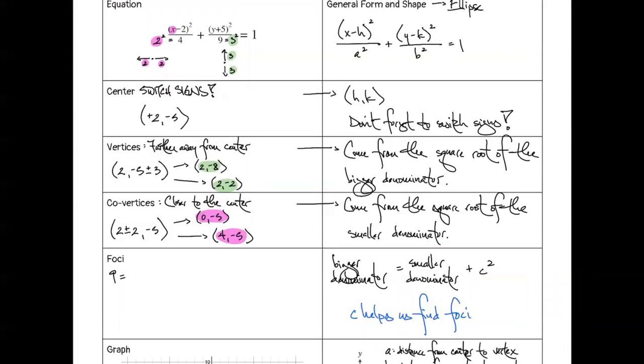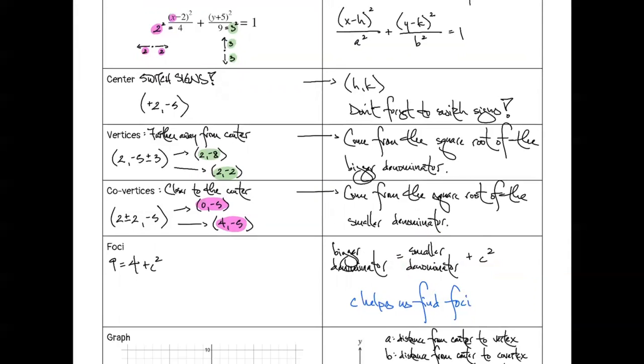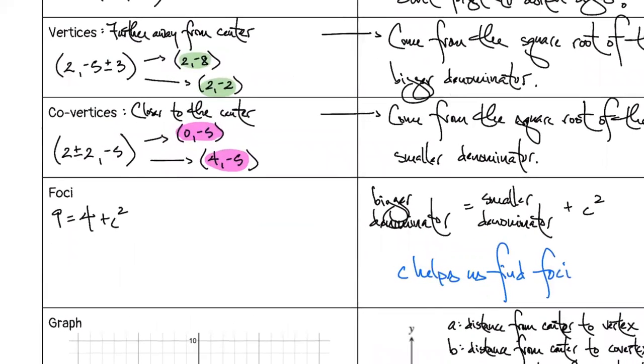So 9 equals 4 plus C squared. How do we solve for C squared, or how do we solve for C? We're going to minus 4 from both sides, precisely. So 5 equals C squared. Root both sides. We get C equals plus or minus root 5.